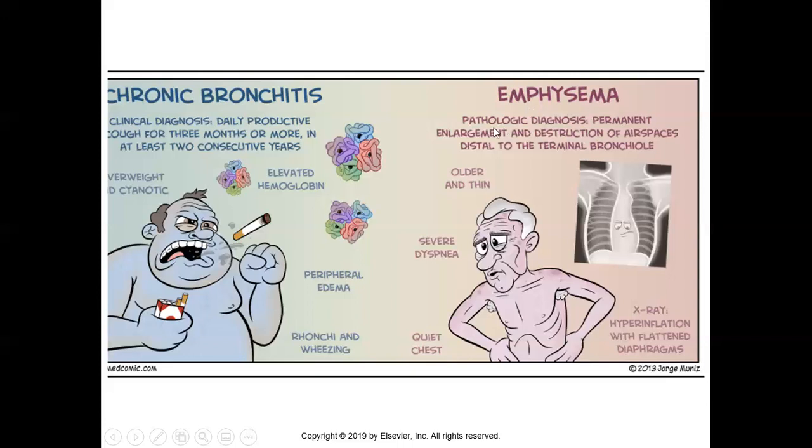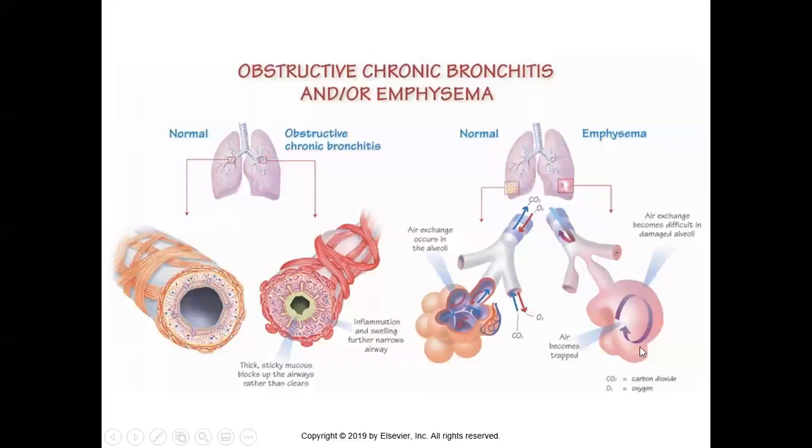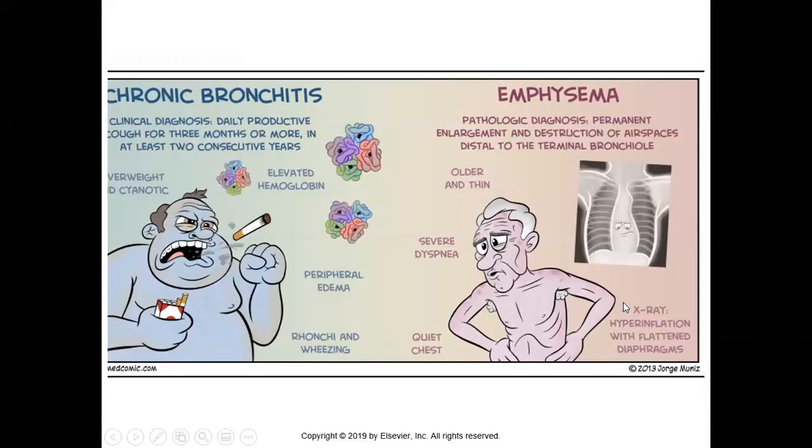In case of emphysema, it is a pathological diagnosis, with permanent enlargement and destruction of air spaces distal to the terminal bronchioles. So in this picture, this is the permanent damage in the terminal bronchioles, usually in older, thin patients with severe dyspnea.